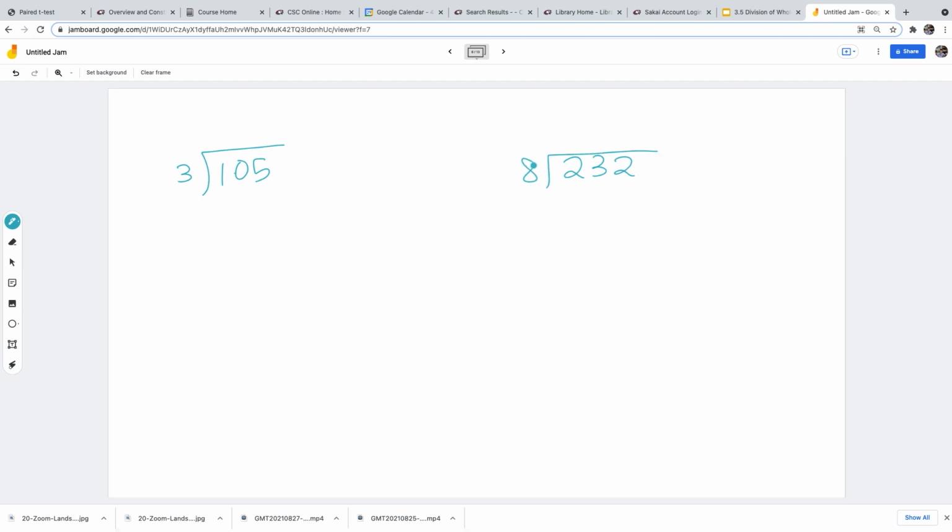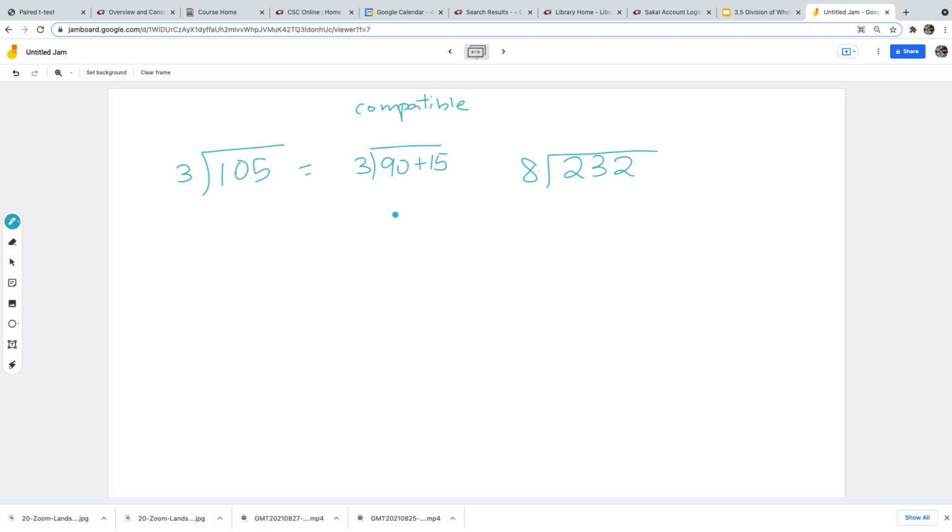Let's consider these two problems, both using comparable numbers. Comparable numbers means you're gonna use easy numbers that you can deal with. So if I think about divided by 3, I know that 3 times 30 is 90, so I can change this into 90 and 15, because 90 plus 15 is 105, and I like 90 and 15 to divide by 3 rather than 105.